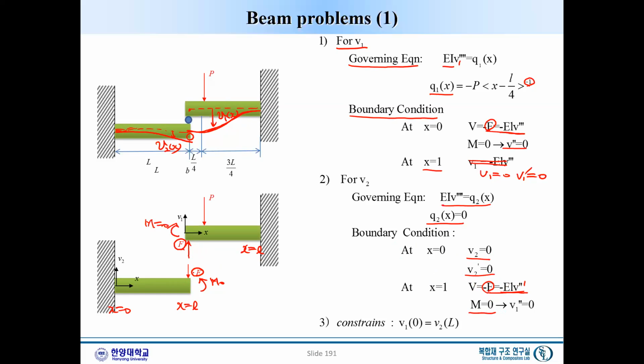Okay, so this completes the problem statement, but to solve this, F is actually unknown. So to get this value, there is a geometric constraint: V1 at this point has this much deflection, which will be the same as this much deflection. So V1 at x equals L, 0, will be the same as V2 at x equals L.